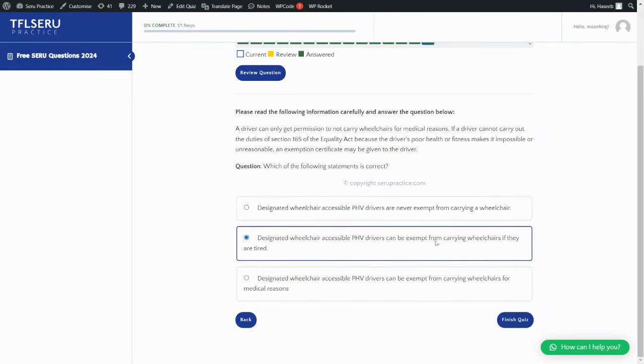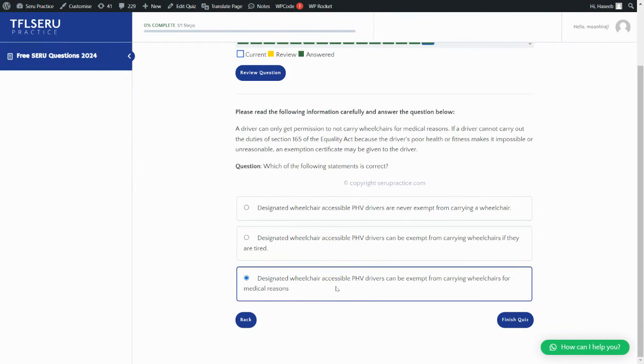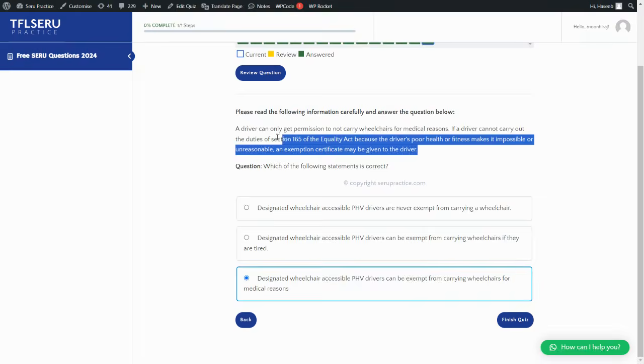Half of the information is correct in this statement, but being tired is not the reason for exemption. The third option is designated wheelchair accessible PHV drivers can be exempt from carrying wheelchairs for medical reasons. This statement is correct in respect to this.